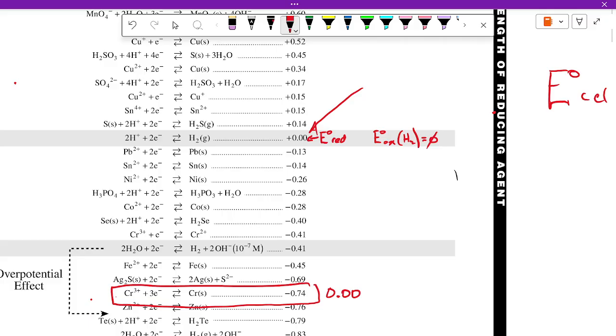But did we have to have done that? Could we have said, oh, I don't want it to be that one, I would like chromium to be 0 volts in my other universe? Could we have done that? Yes. It would be awkward to do it now because everybody uses hydrogen as 0 volts. But if you remember, potential is all relative, right?